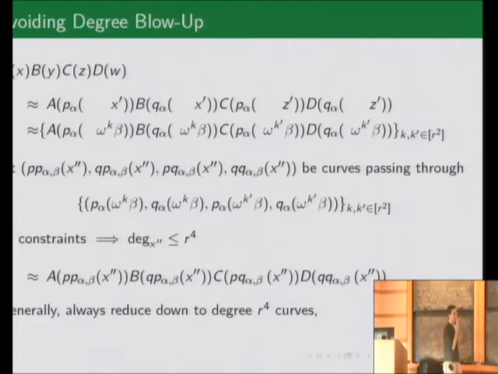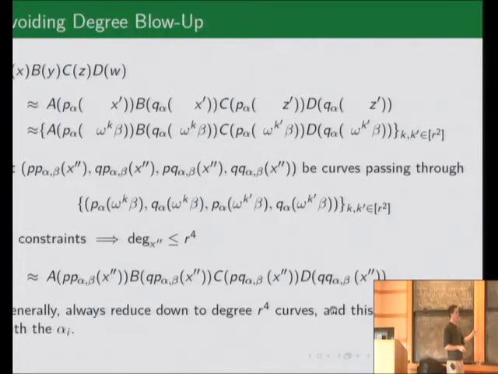But now, when you do this process, you're always going to go back down to degree r to the 4th curves, and this also plays nice with the alpha i. In this presentation, I've said the alphas are constant, but everything is polynomial and no division.